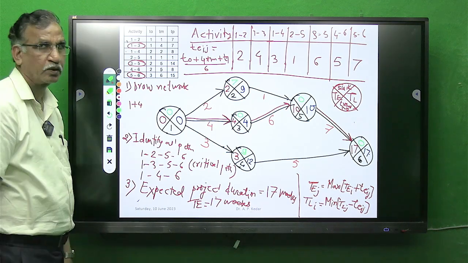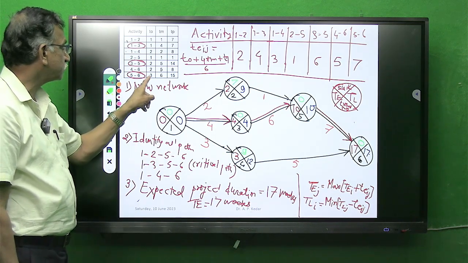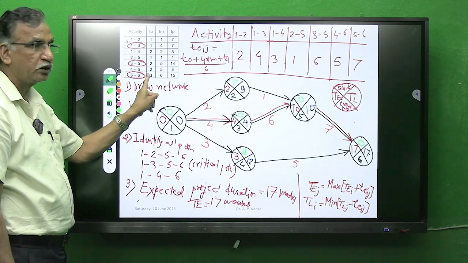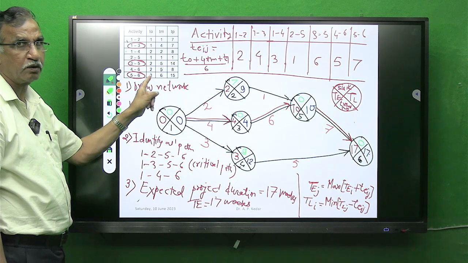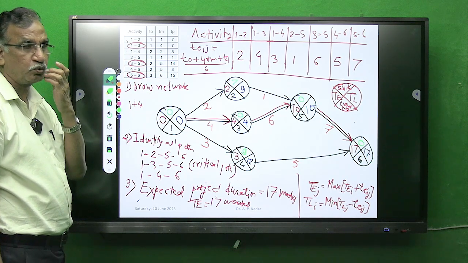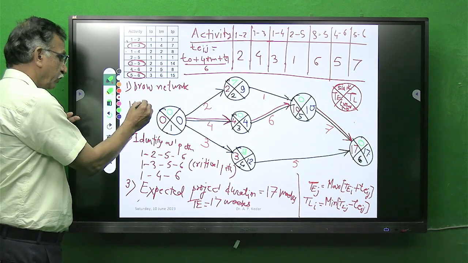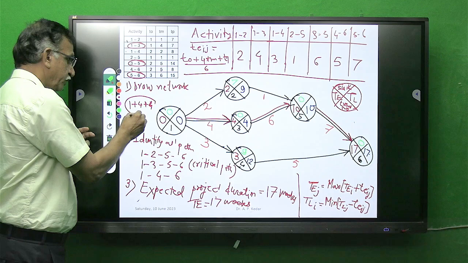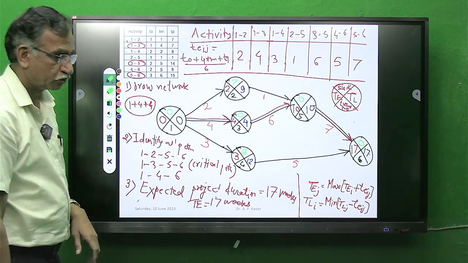For 5-6, 15 minus 3, 12. 12 by 6, 2. Square of 2, 4. This is a very important point. So what do you get?